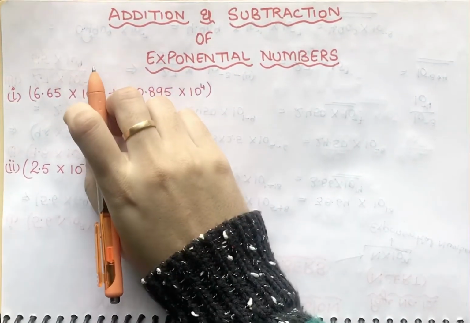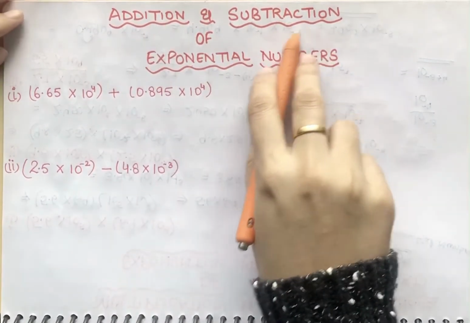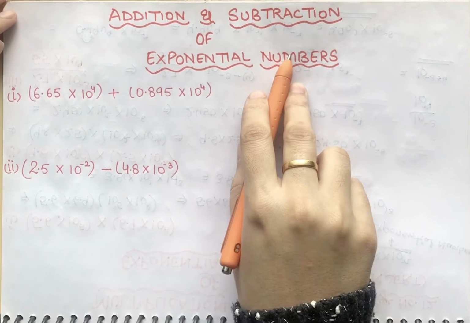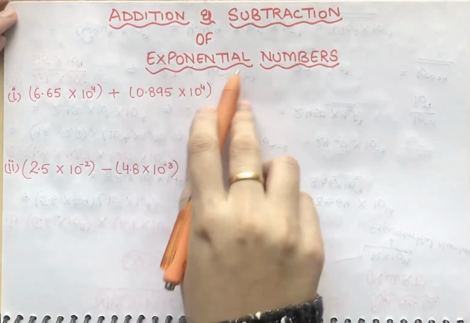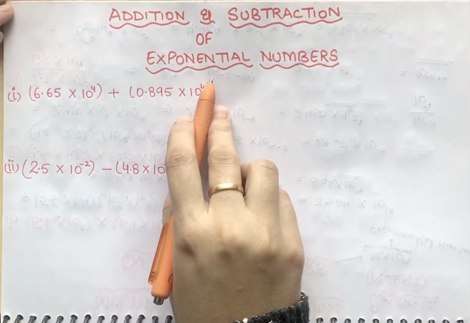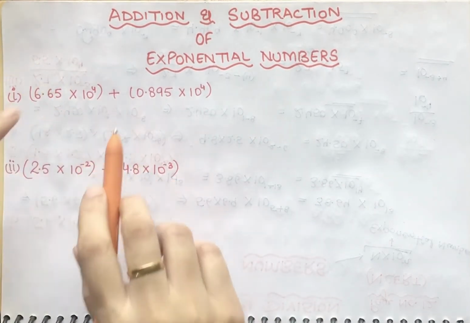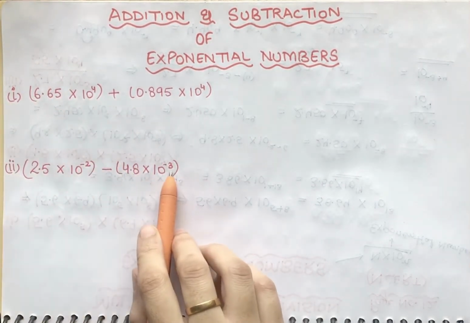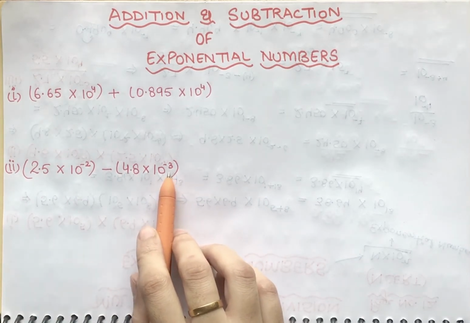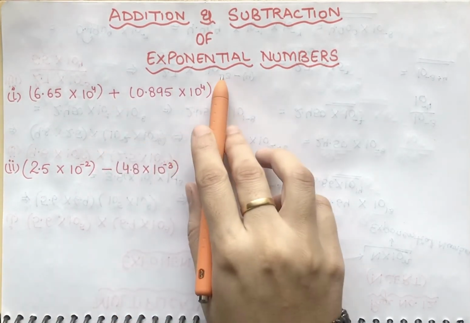Now we will discuss addition and subtraction of exponential numbers. These two operations are solved in different ways. Now I'm having one value with a plus sign and a second value with a negative sign. How can I add or subtract exponential numbers?